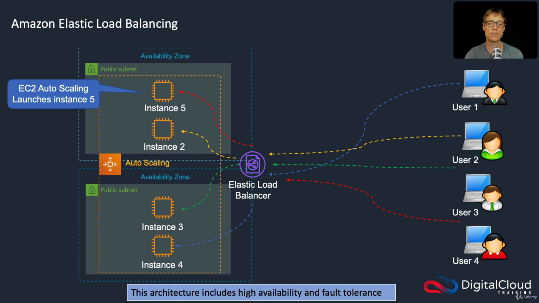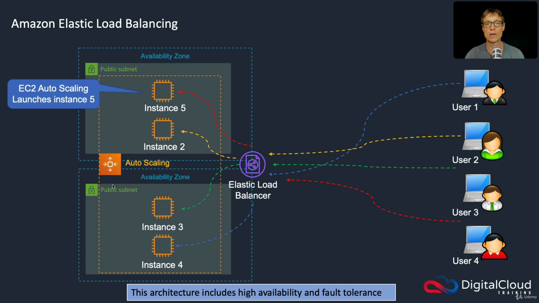Now, by the way, this architecture does include high availability and fault tolerance. So we've got our instances spread across different data centers because they're in different availability zones and different subnets. So that means that if one AZ fails, then we've still got instances in another one. And we can automatically route our connections to those instances.